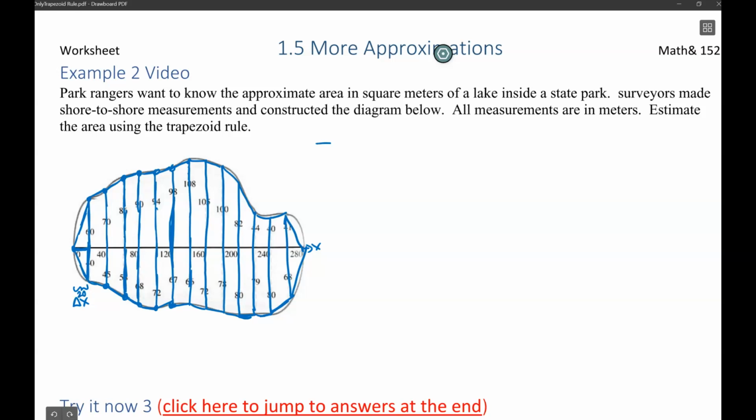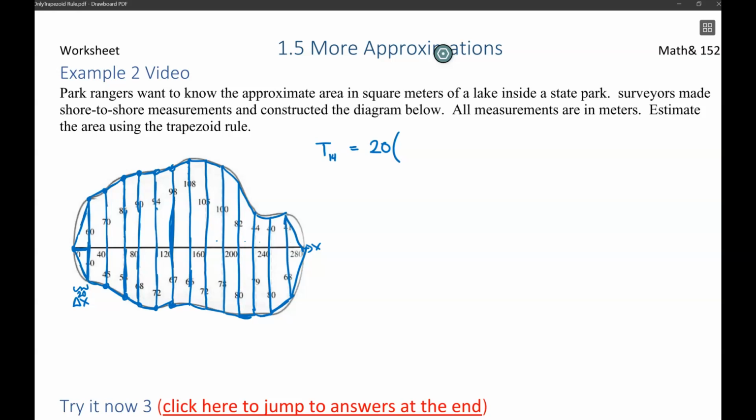So when we do our trapezoid rule, we're going to make them 20 wide. And just for good measure, I'm going to count how many intervals there actually are. It looks like 14. 1, 2, 3, 4, 5, 6, 7, 8, 9, 10, 14. Yes, which is good because that's how I'd get to 280. So this is really T sub 14 that I'm doing on this irregular shape.